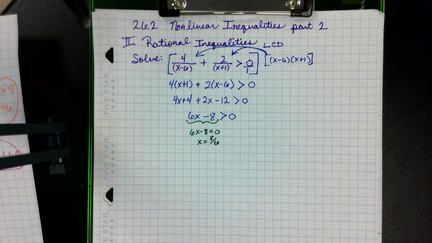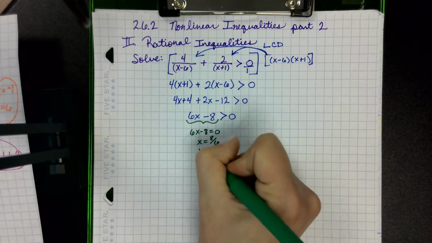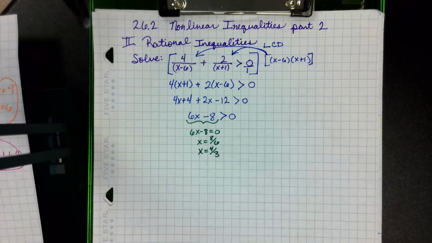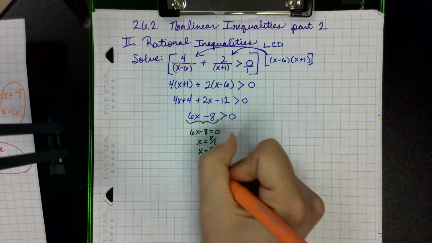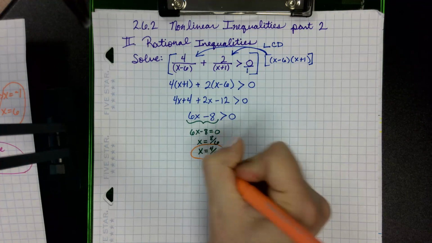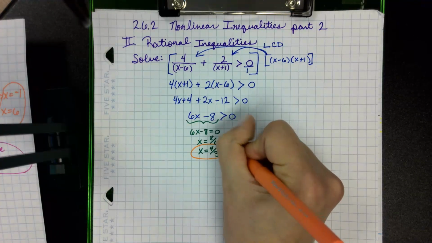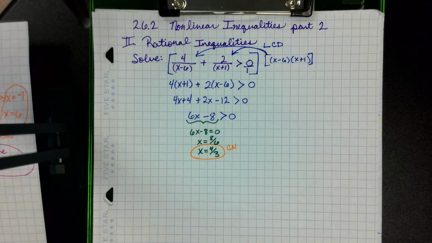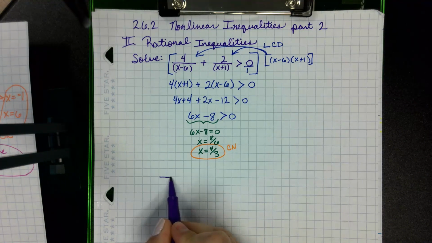But we want to simplify that. So x equals 4/3. And that is a critical number. Remember, the critical numbers are the values we put on the number line, so we can test different sections to figure out the interval for our answer.